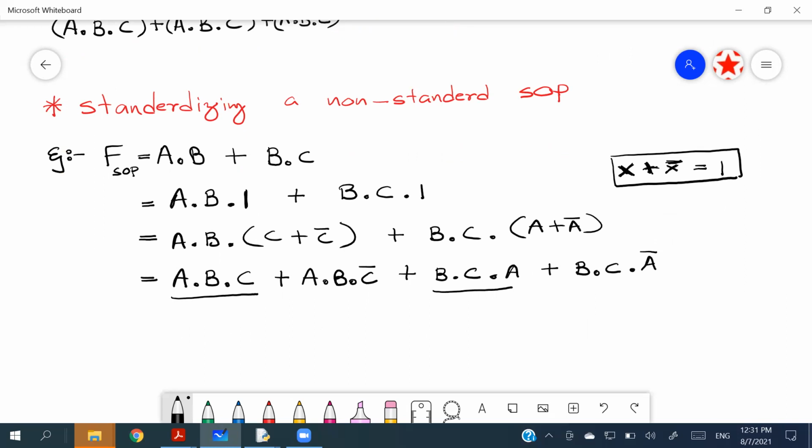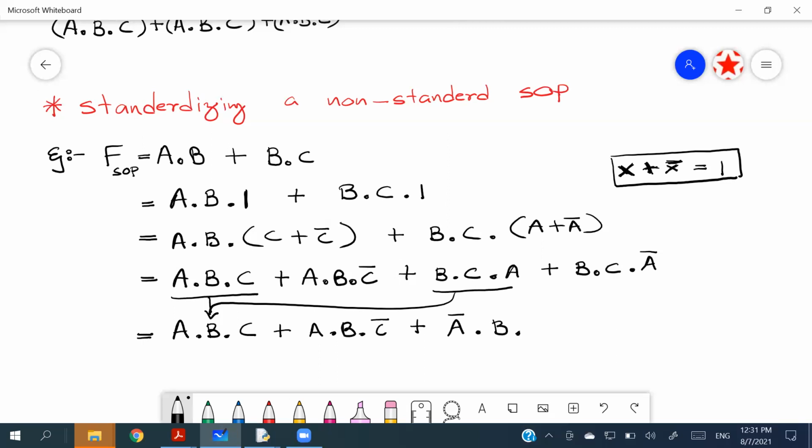Because x plus x equals x, instead of writing two terms we can write A dot B dot C, which represents these two terms, plus A dot B dot C bar, plus the last term, A bar dot B dot C. This will give you the standardized SOP.